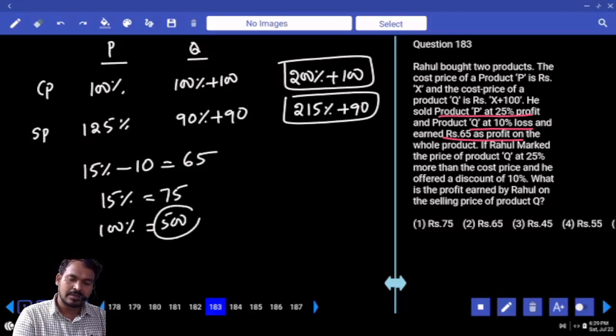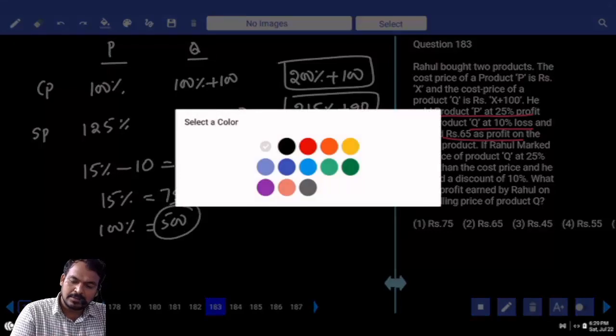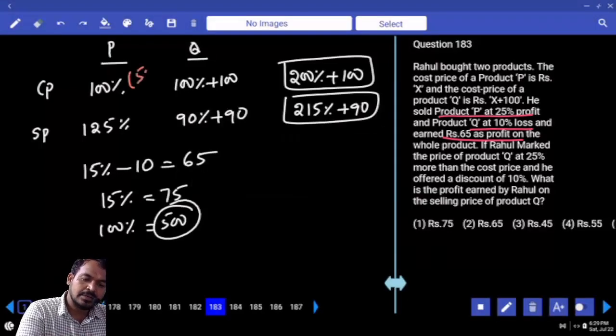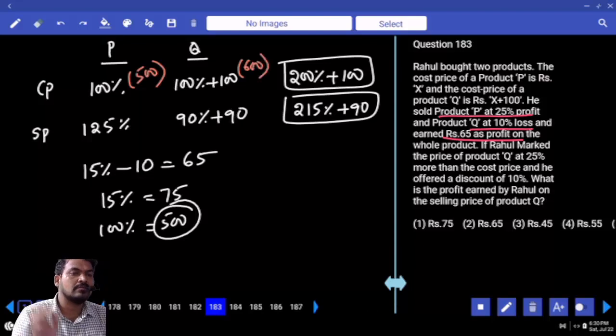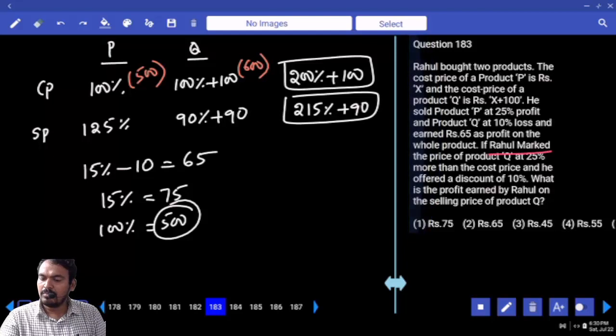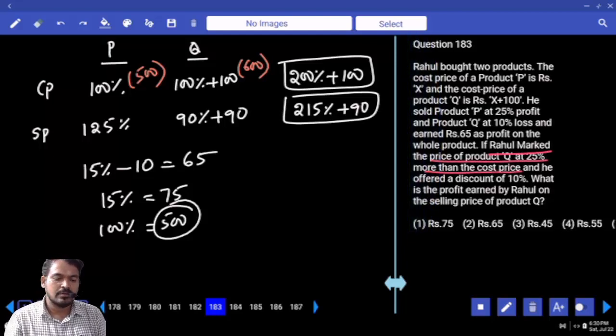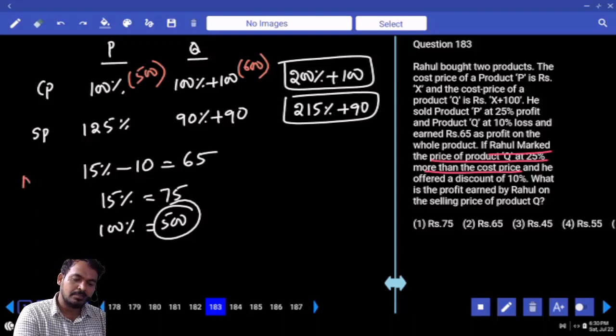That 500 is cost price of P or Q? P. What is the P cost price? 500. P cost price is 500 means Q cost price is 600. What is the next line? If Rahul marked the price of product Q 25% more than the cost price. Means market price of Q is how much percent more? 25% more.